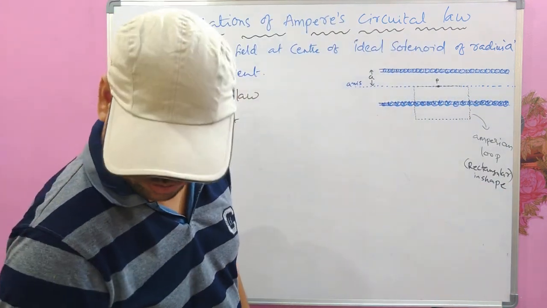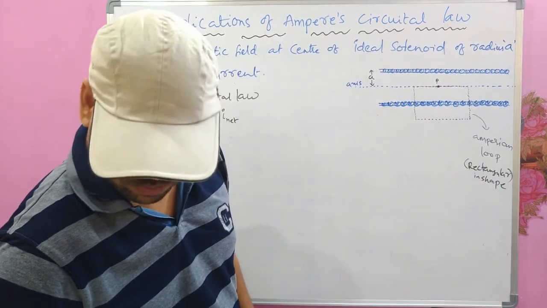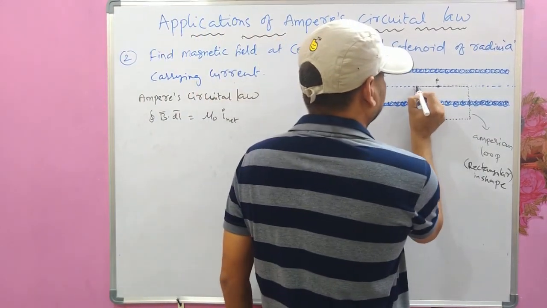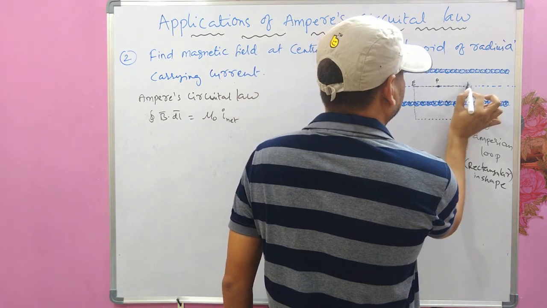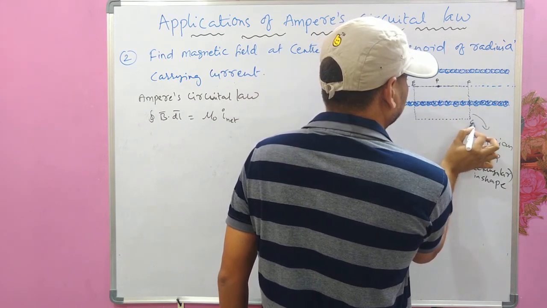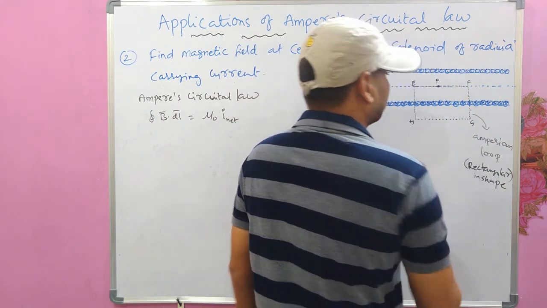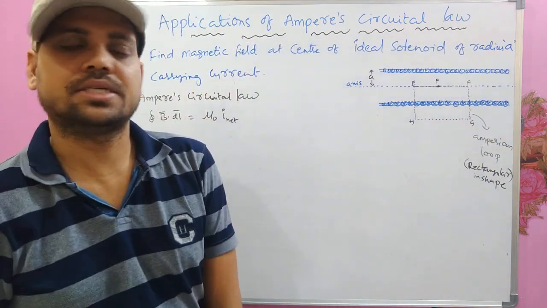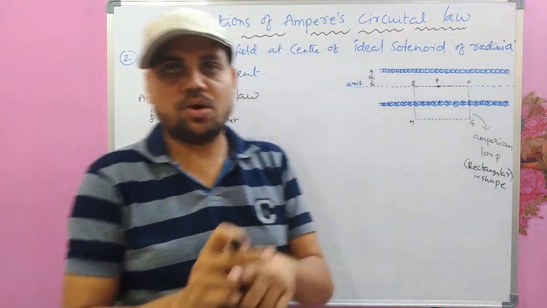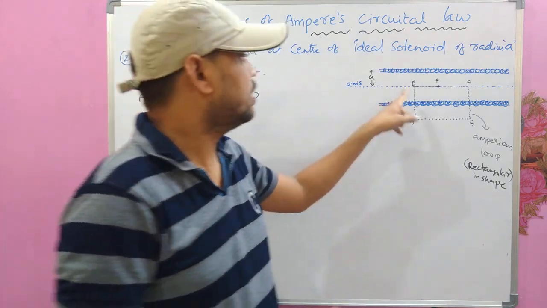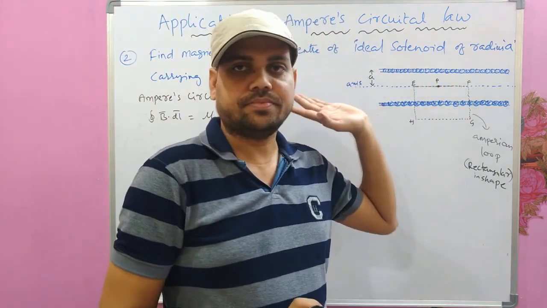Okay, so let me give some identification for this. This end is E, this end is F, this end is G, and this end is H. E, F, G, H, E is the closed loop.